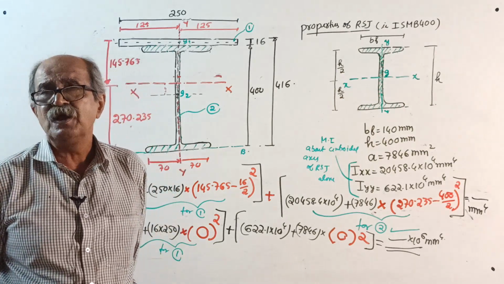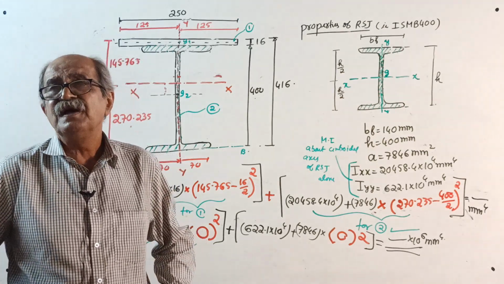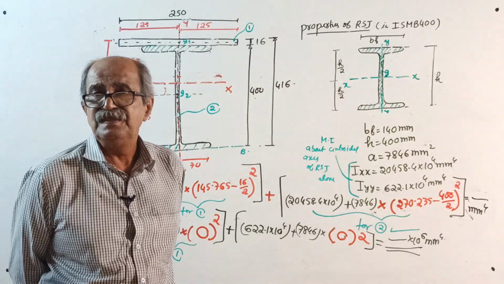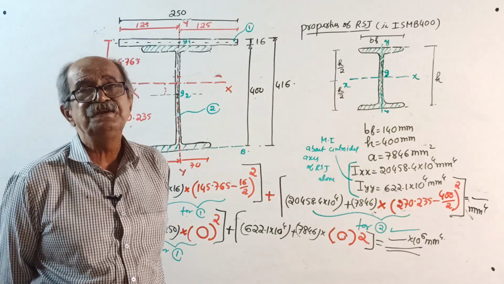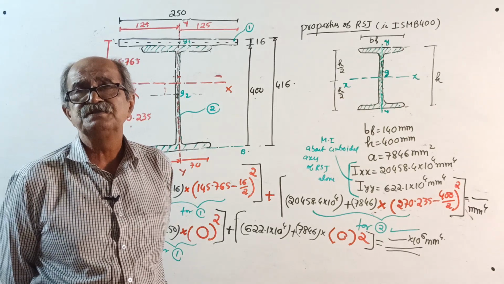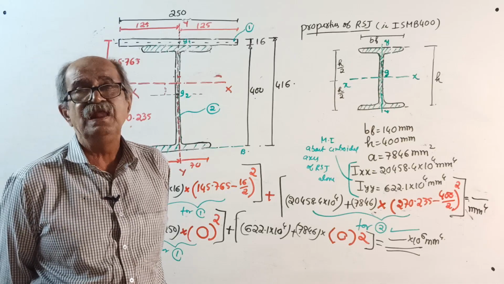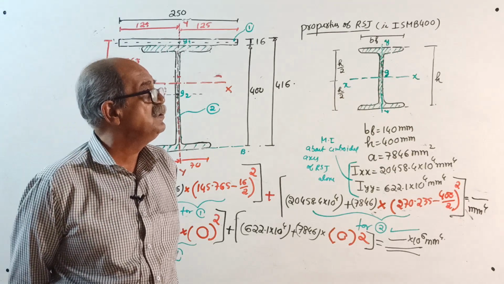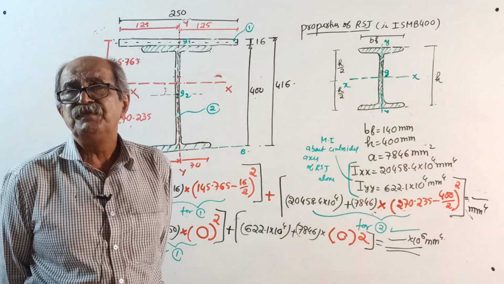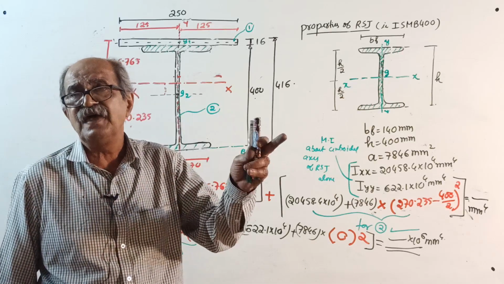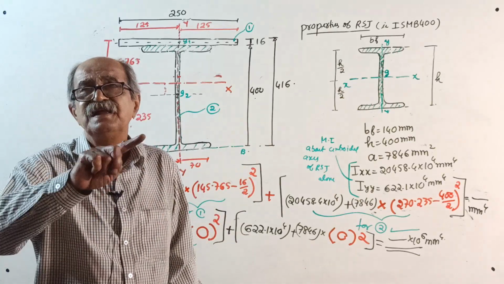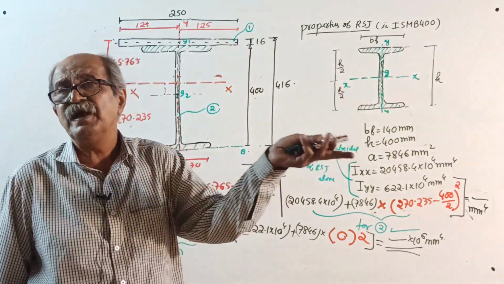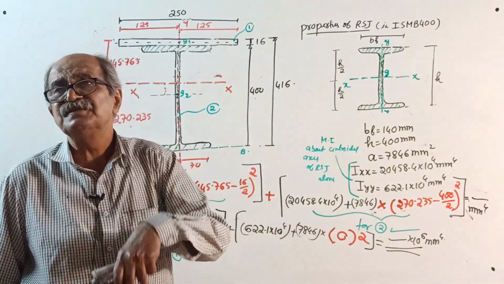Once you get those two for a column, then if the effective length is the same with respect to both principal axes, you consider least R and find a term called slenderness ratio, that is L effective by least R. If it has different effective lengths, you calculate effective length with respect to XX axis by RXX, one slenderness ratio, and effective length with respect to YY axis divided by RYY, one more slenderness ratio.